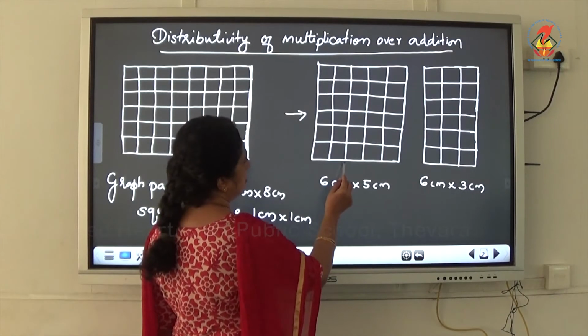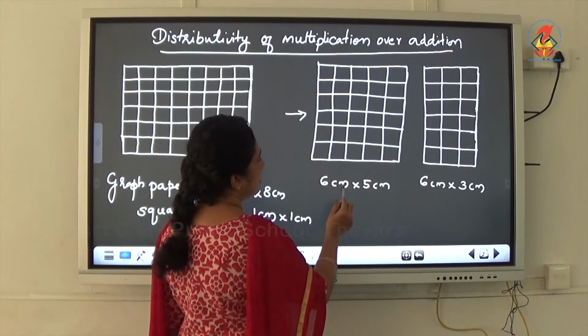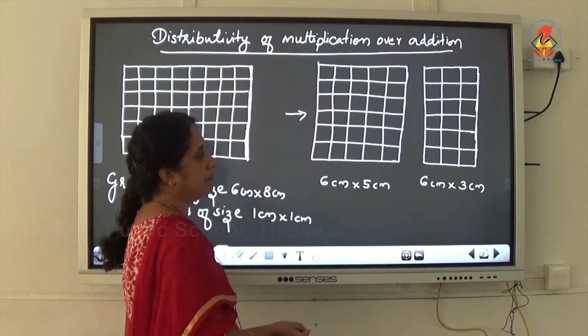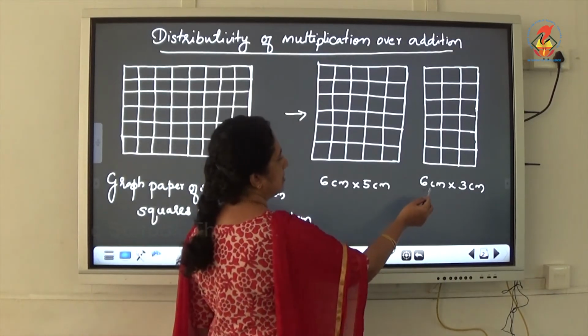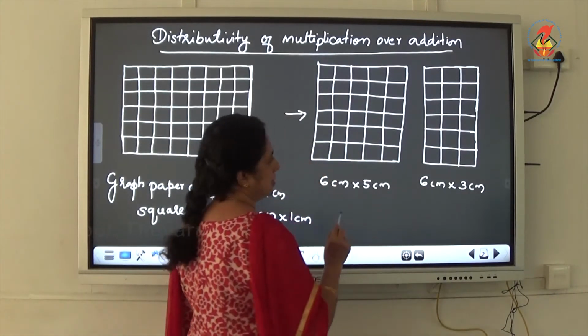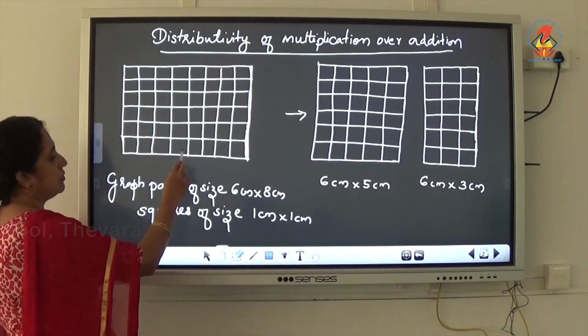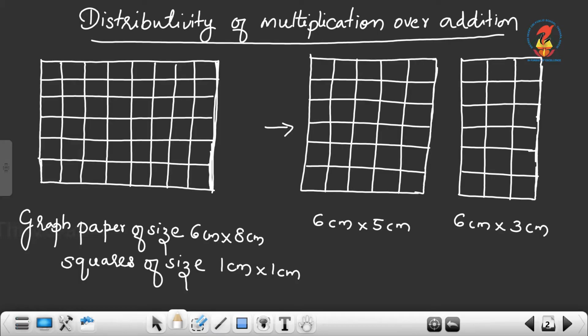One sheet of paper is 6 centimeter by 5 centimeter, and the next one is 6 centimeter by 3 centimeter. This is our original graph paper, and it is cut into two sheets.